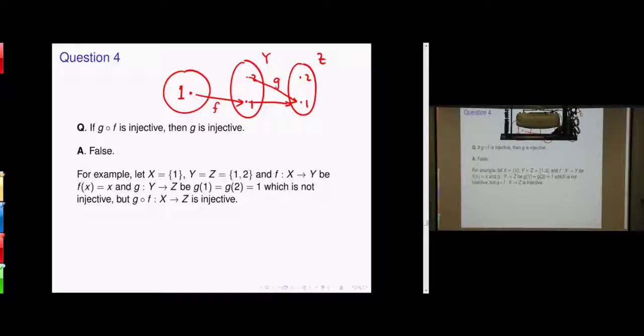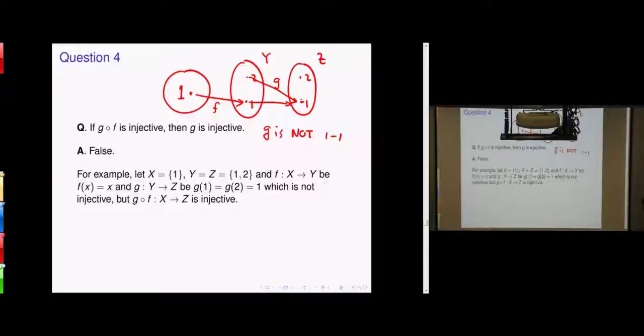So this is my g. So g is not 1 to 1, not injective. 1 to 1 is another name for injective. Right? Because I have 2 points sent to the same point, g is not injective. But look at the composite, g composed with f. It just sends this point to that point. So it's injective.